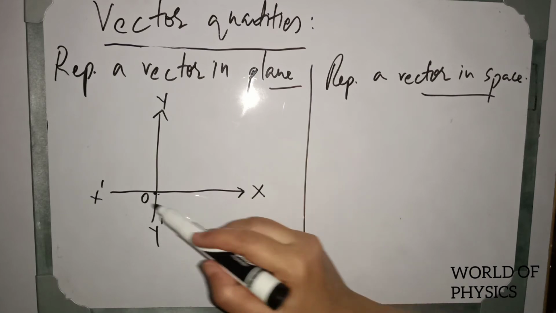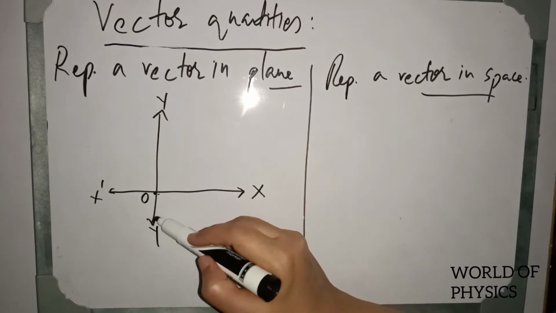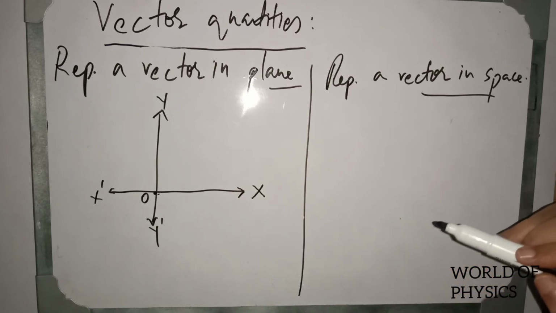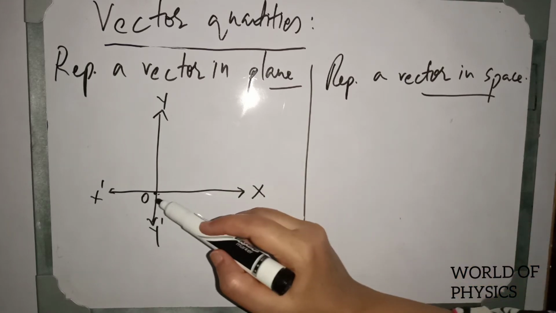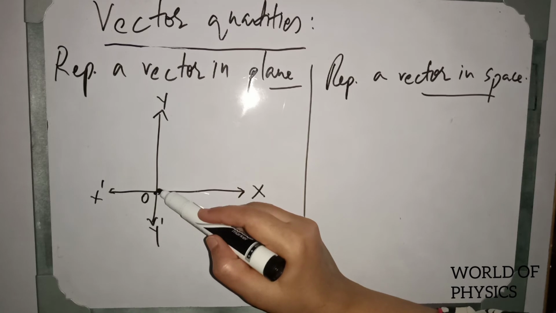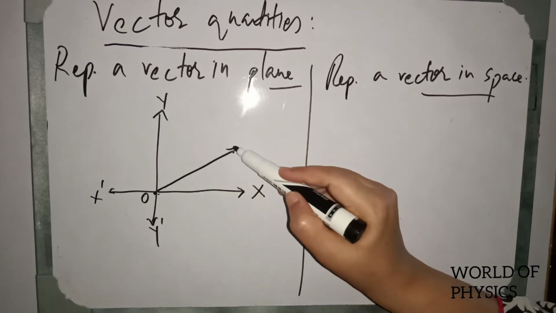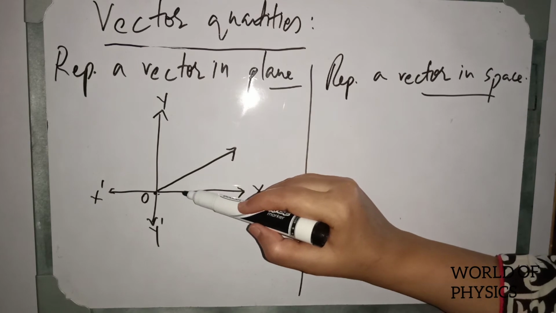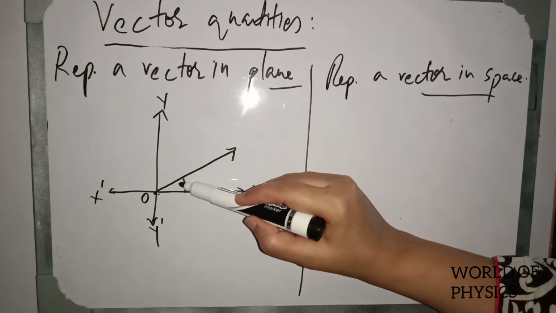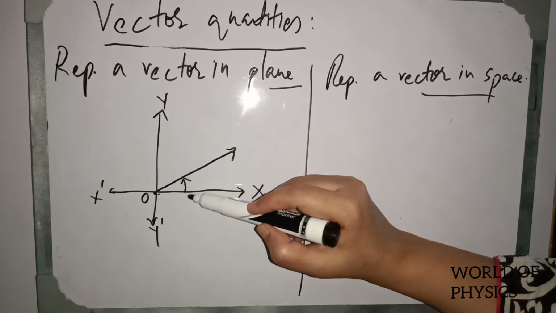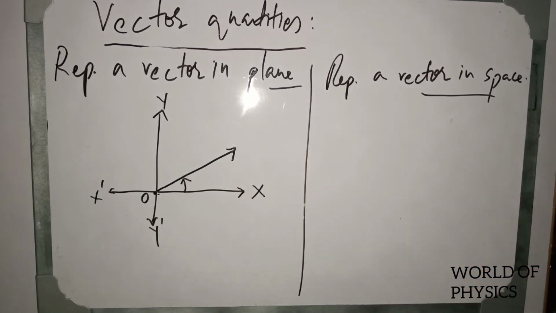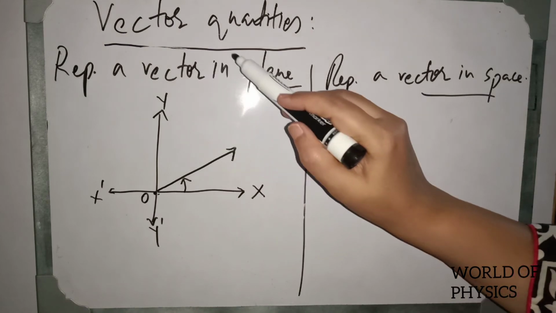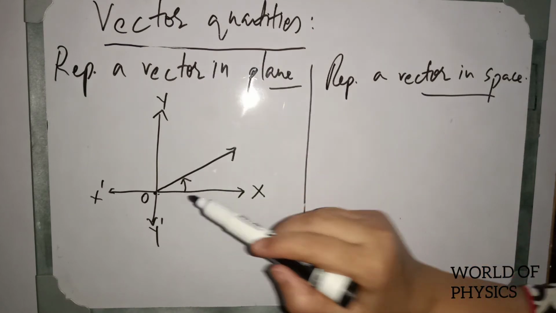So one is horizontal axis whereas second is vertical axis. That's why this is called two-dimensional. Now the vector will be drawn from this origin point, that is this point, in this manner. A vector is drawn. The angle of the vector will be taken always from x, and this will be the direction of angle, which is always anti-clockwise. So in this way we will represent a vector in plane, that is called two-dimensional.